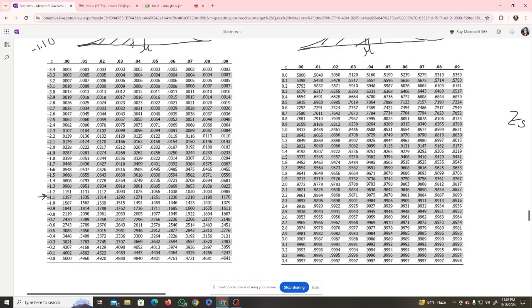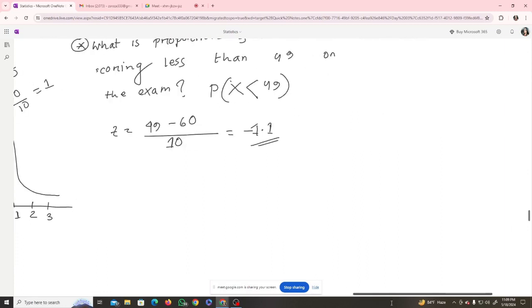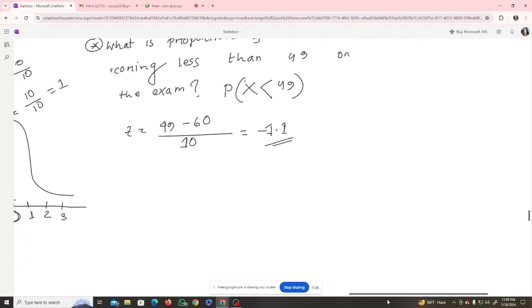So in this case, this should be our value. This is the area that we want, which is 0.1357. So we were finding the area below the Z score of minus 1.1, and we got 0.1357, which tells us about the area.